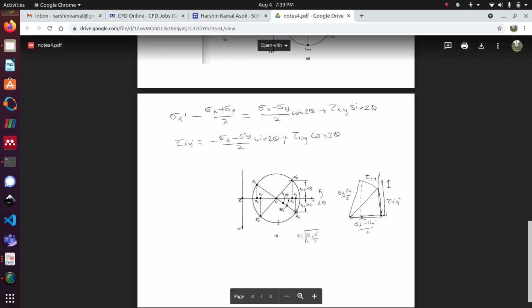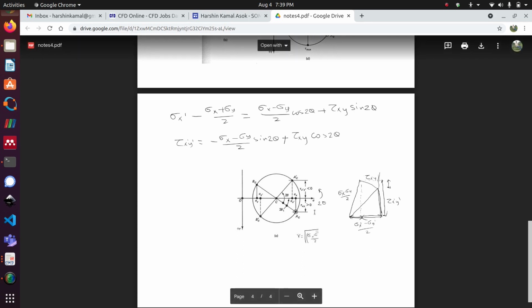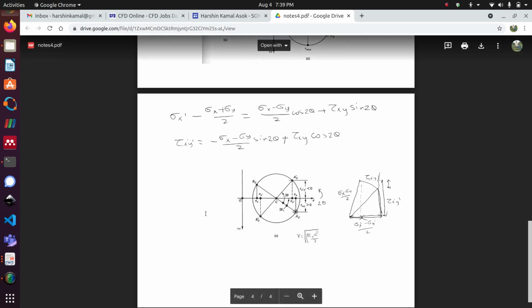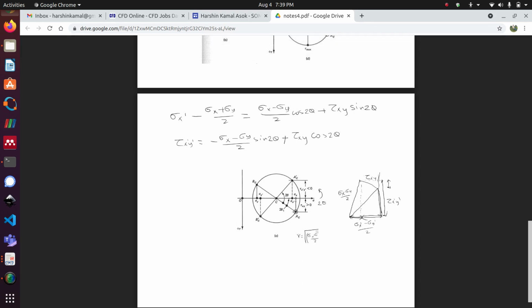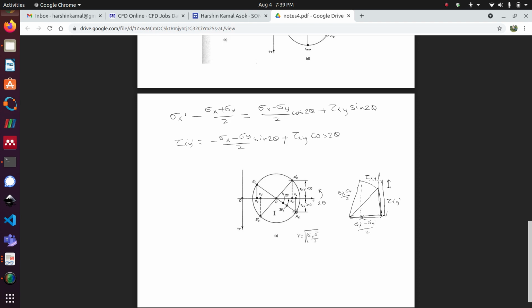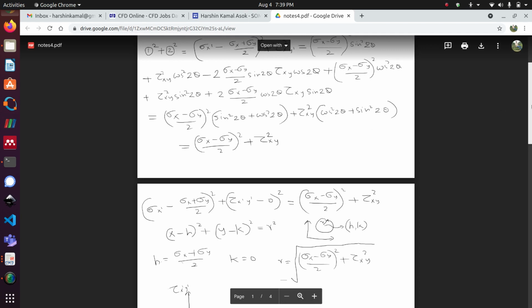So when you continue to change the coordinate system, what is the maximum possible value that sigma x can have? Means what is the maximum possible value normal stress can have? What is the maximum possible value shear stresses can have? These things we have already discussed, and we found out the values also.